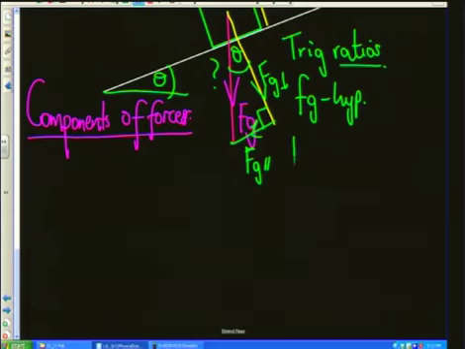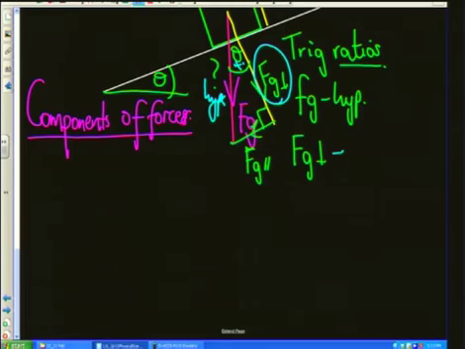If you look at Fg perpendicular, this is a component that is adjacent to the angle there, and the relationship that I want is the one that talks to the side adjacent to the angle and the hypotenuse, which is this one. Okay, so adjacent over hypotenuse, that should be cos.